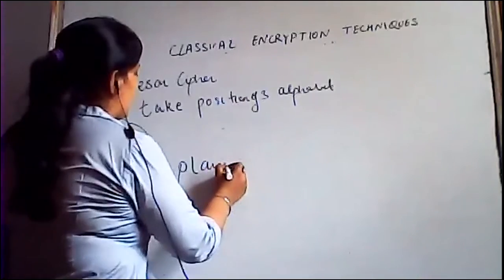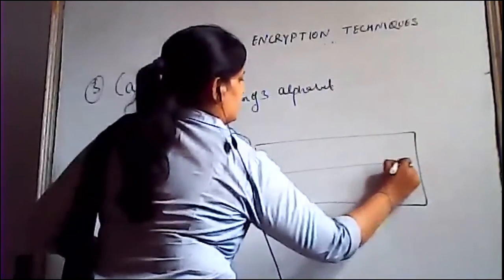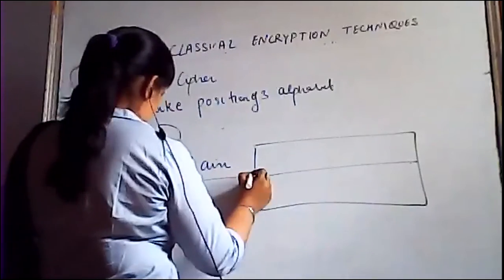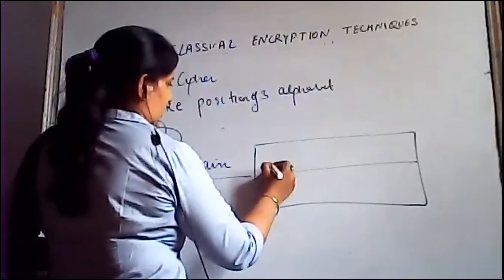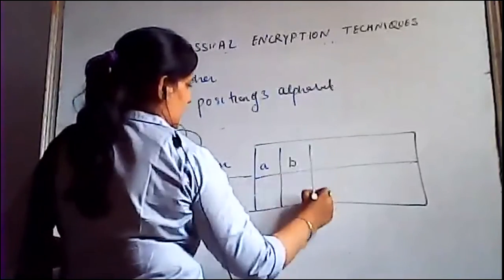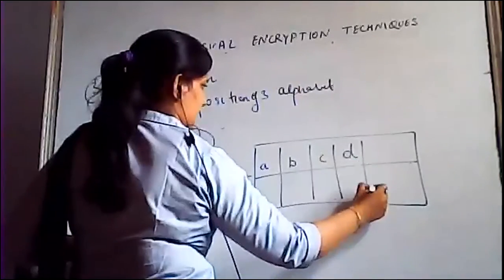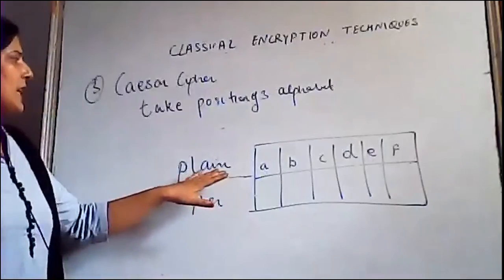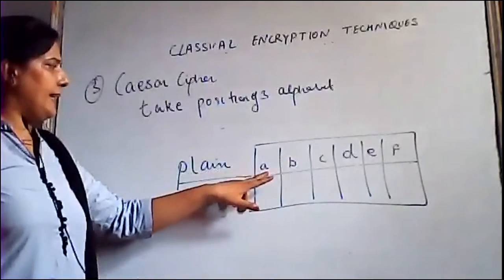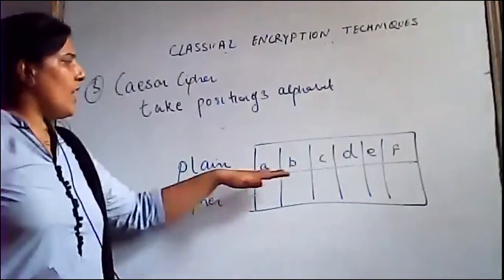We have this plain text, and this is our cipher. Having this plain text, that is A, B, C, D, E, and F. This is a single text.